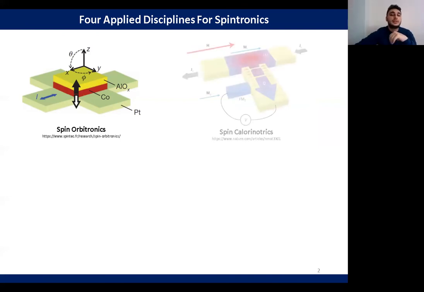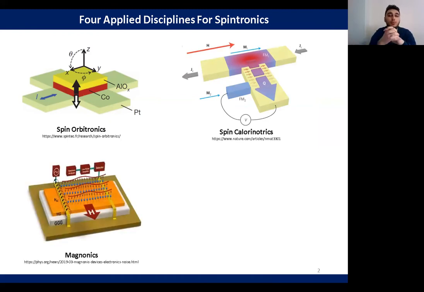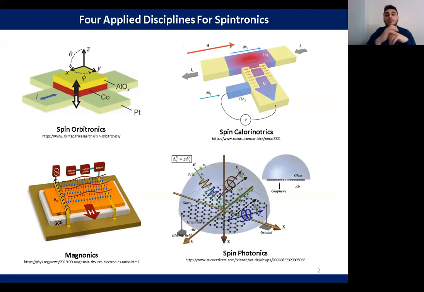Secondly, it is spin caloritronics, which allows interaction with couplings to the thermal bath. And the third one, the phenomenon in which spin wave excitations are used instead of spin currents, is magnonics. And finally, it is spin photonics that deals with the interaction of magnetism and light.